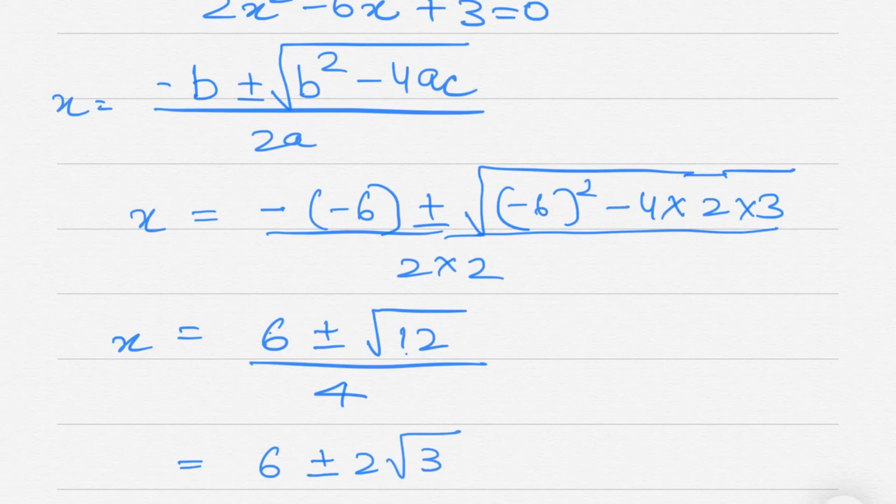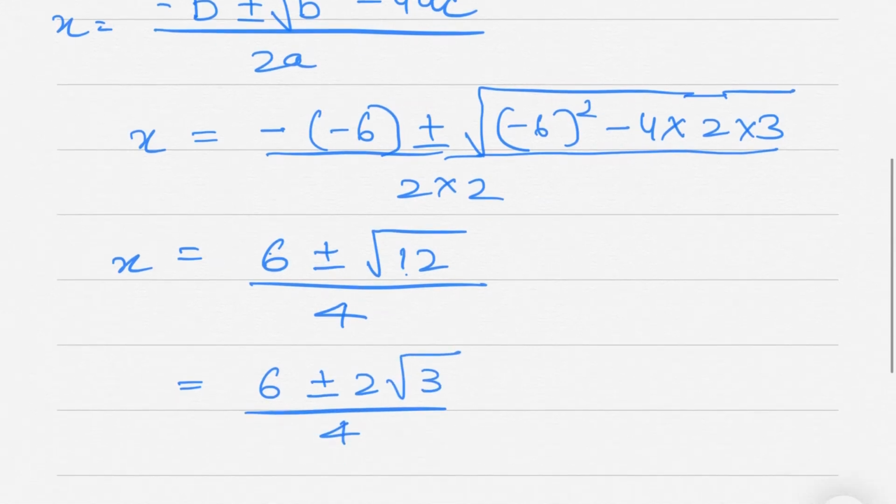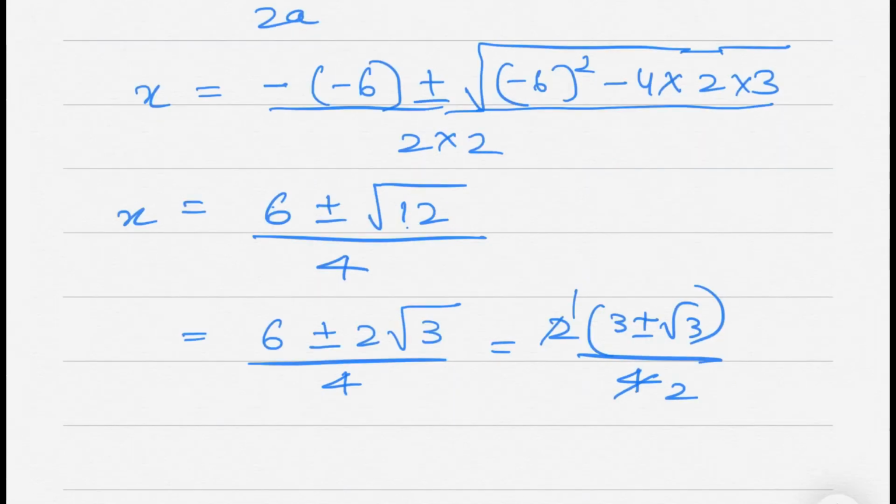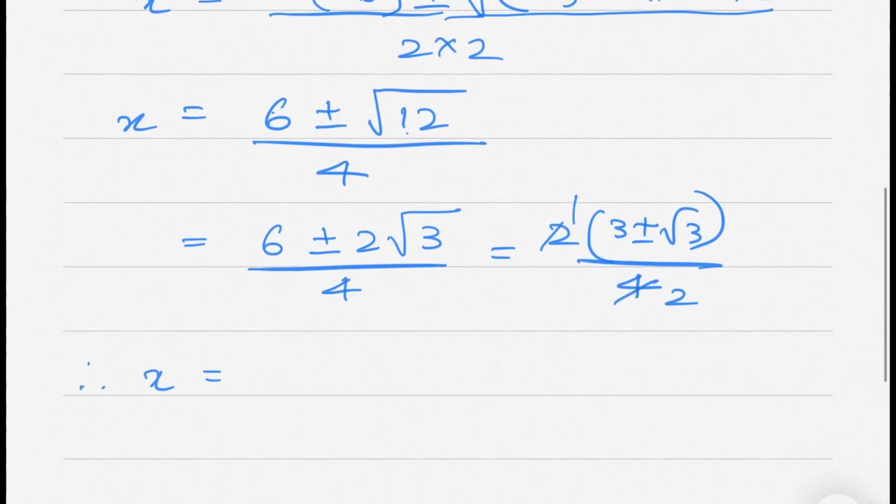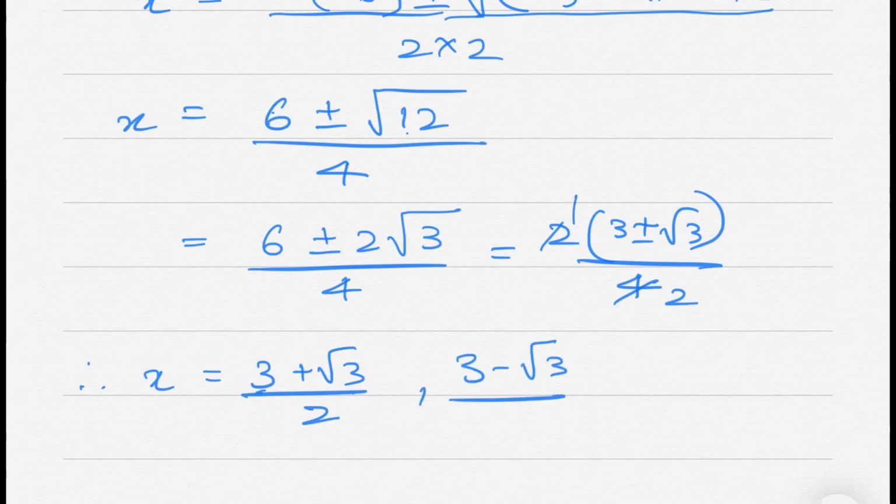So this will be equal to 2 common here, 3 plus minus root 3 by 4. So 2 times, therefore x is equal to 3 plus root 3 by 2 and 3 minus root 3 by 2. So these are my two roots of this equation.